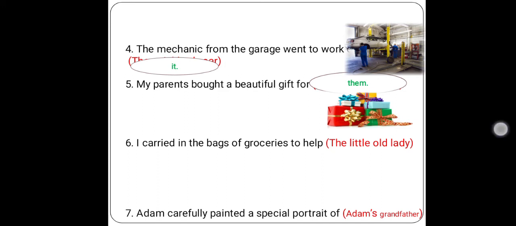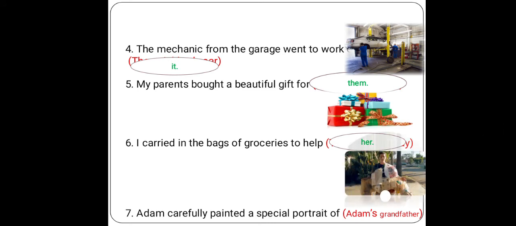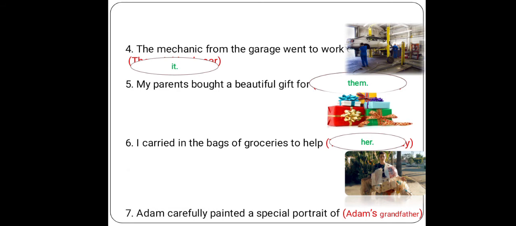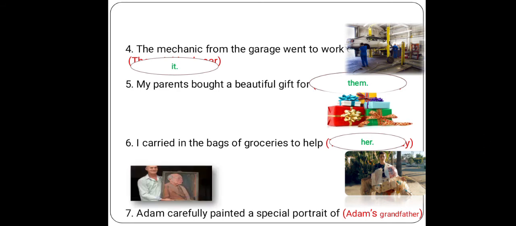I carried in the bags of groceries to help her, the lady. So these are the bags of groceries. Adam carefully painted a special portrait of Adam's grandfather. So as you see in the picture, this is the portrait of Adam's grandfather. Okay.